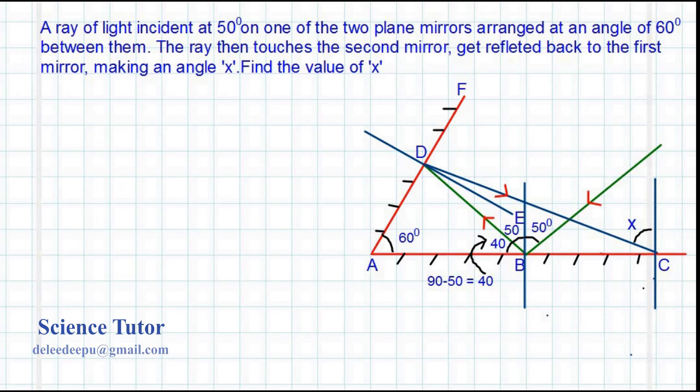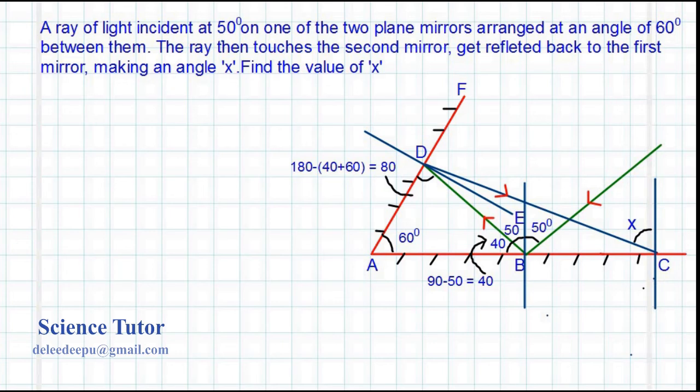In the triangle ADB, we know two angles. One is 60 and another is 40. If we apply the angle sum property, you can find this angle ADB. That is 180 minus 40 plus 60.